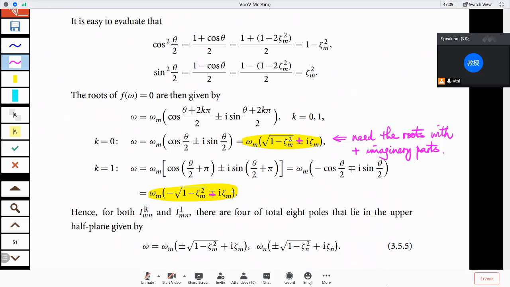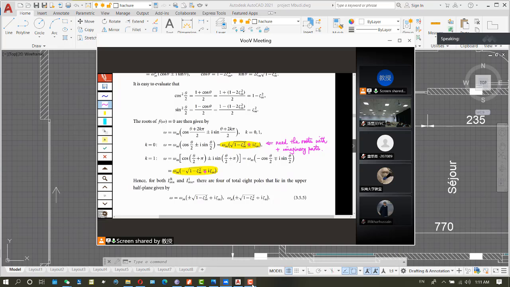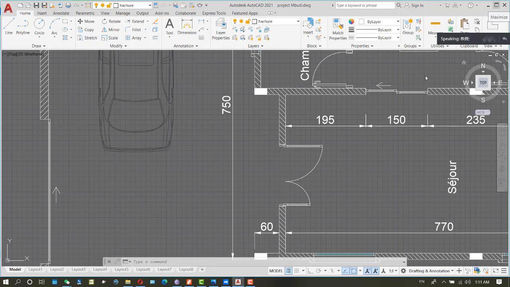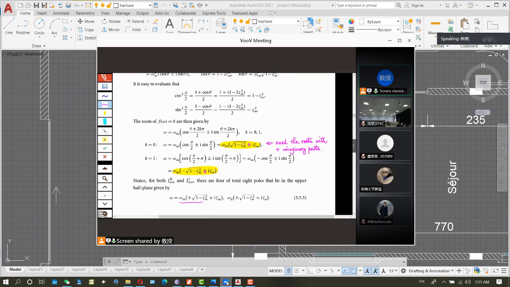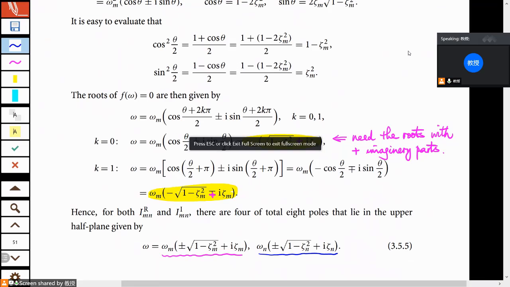So we have this term, and this term. If you combine this, for the m term we have 2 roots, and for the n term we have another 2 roots. So in total we have 4 roots out of 8 roots that are in the upper half plane, always positive imaginary parts.